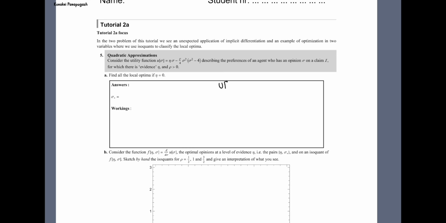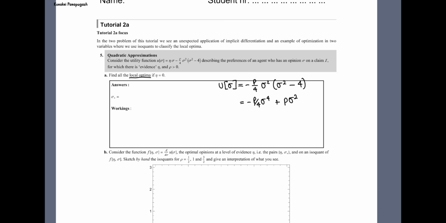Nice and straightforward. If eta is equal to 0, we will get the utility function equalling minus rho over 4 sigma squared minus 4. If I now expand the brackets, I will get minus rho over 4 sigma to the power 4 plus rho sigma squared.